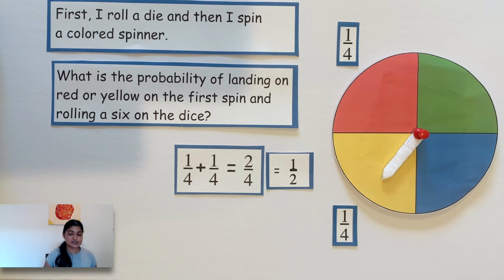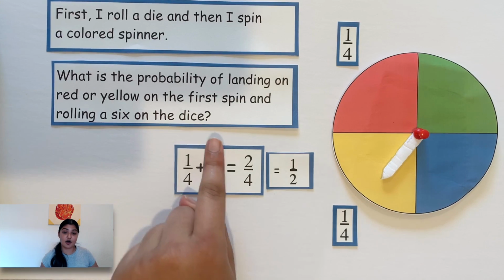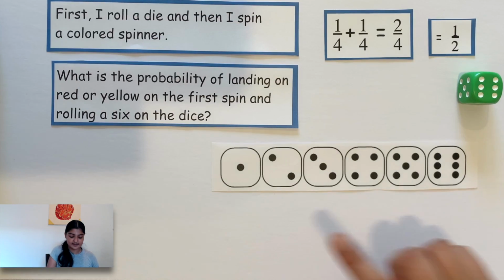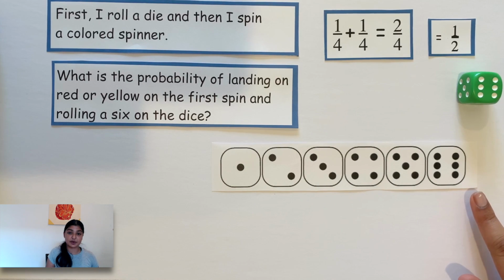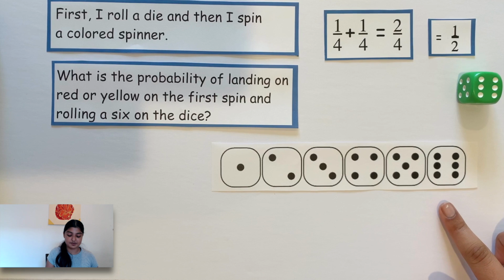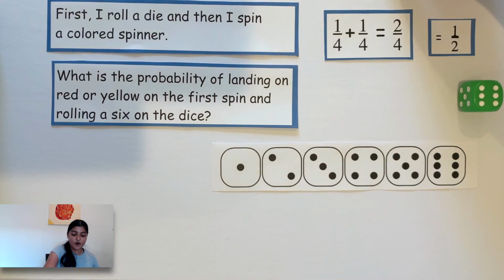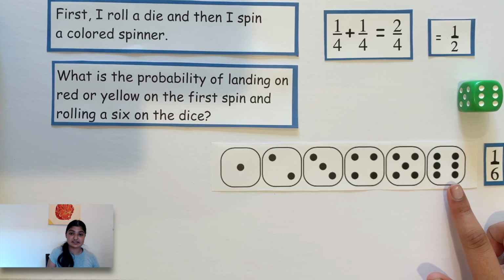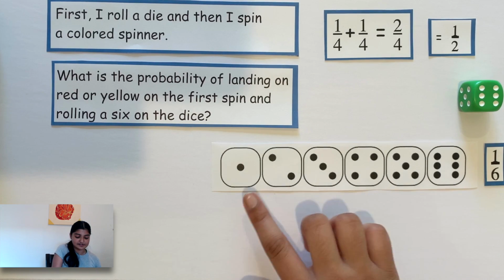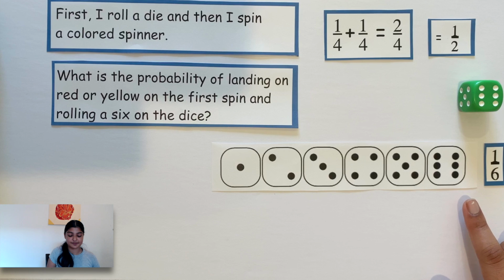Now, let's turn to finding the probability of rolling a 6 on the dice. As we have 6 different numbers that we could roll, and there's only 1 6 that we want, we know that the probability of rolling a 6 on our dice is 1 over 6, as there is only 1 6 on the dice and there's a total of 6 numbers that we could roll.